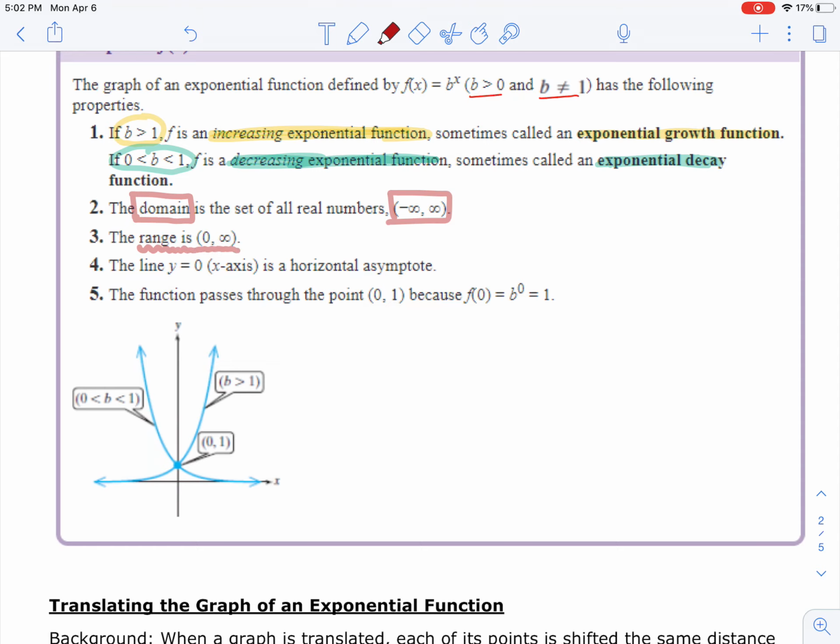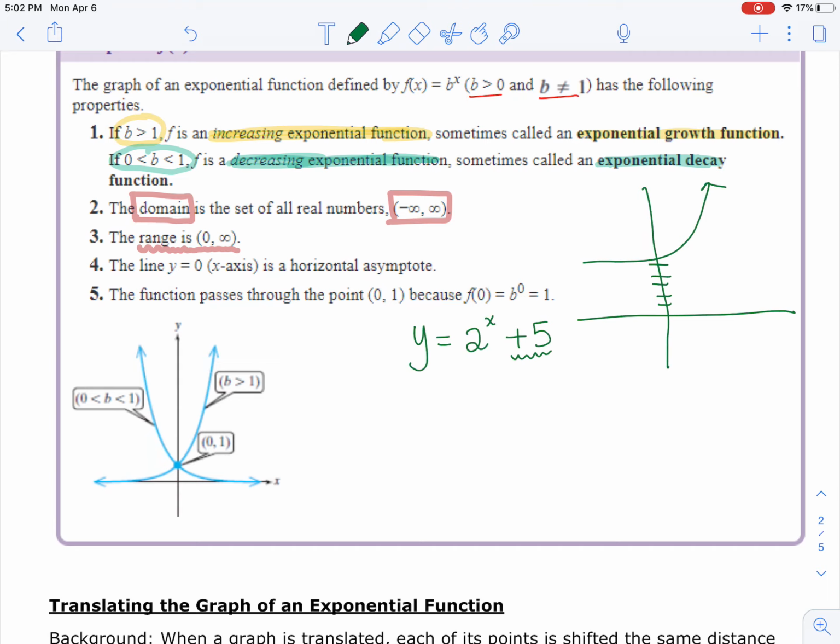All right, the range, this is before we transform it or translate it vertically. The range is going to be 0 to positive infinity, okay? But those will change. If you have y equals 2 to the x power, say that we're going to translate this up 5 units, okay? Because adding 5 outside will move the graph up 5 units, right?